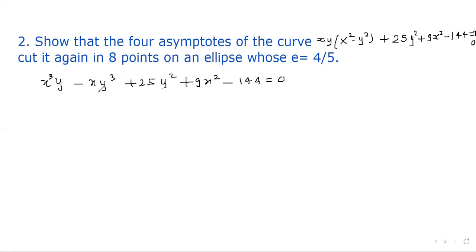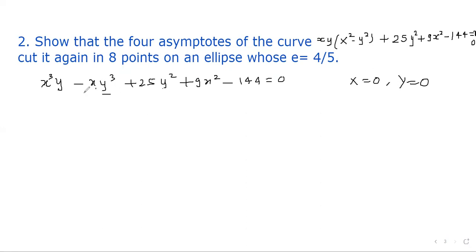The highest power of y is y³, its coefficient is x. So one asymptote will be x equal to 0. And similarly, the highest power of x is x³, whose coefficient is y. So one asymptote will be y equal to 0. Now we are going to get the other oblique asymptotes.